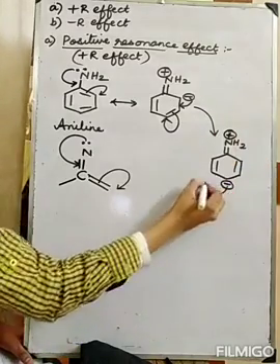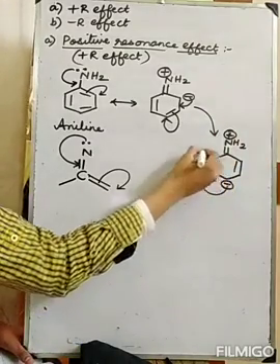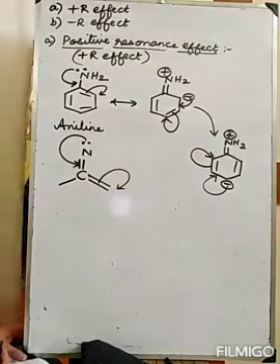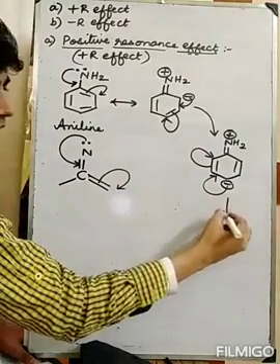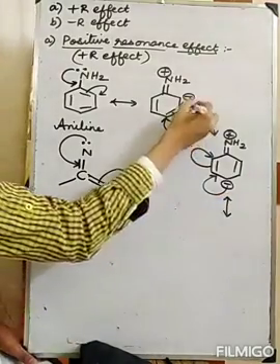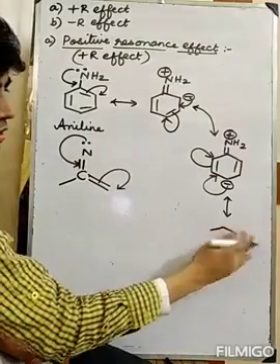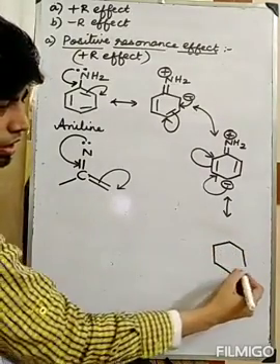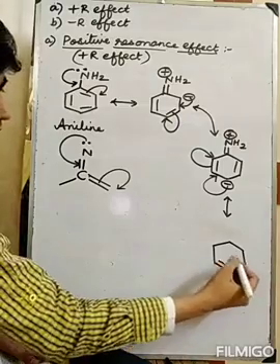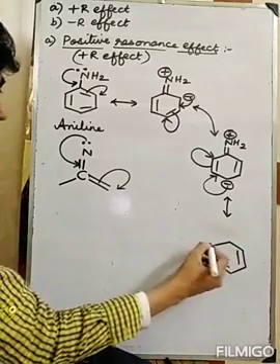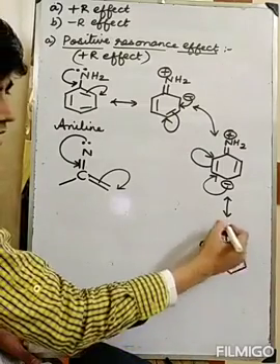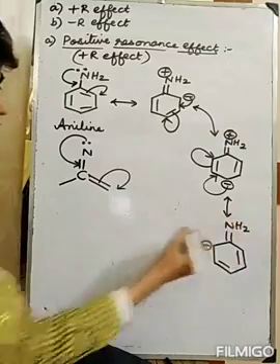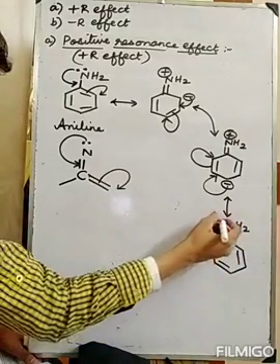Now this electron will go here, and this will come here. Put the reverse arrow. So what will happen here? Tell me. This side one bond, here one bond, and here you will get a negative charge, with double bond NH2 plus.